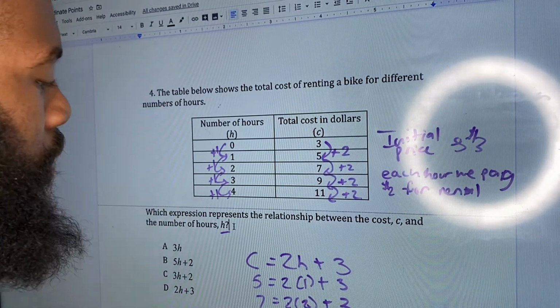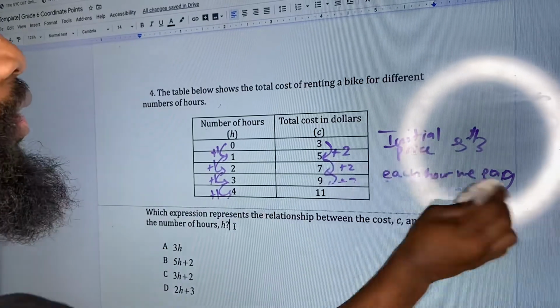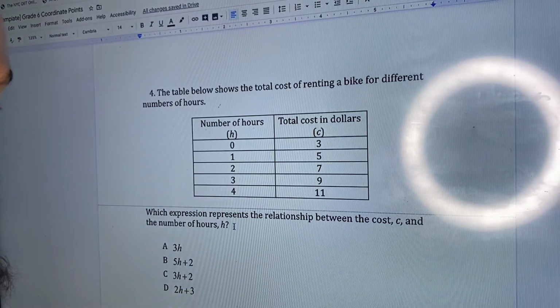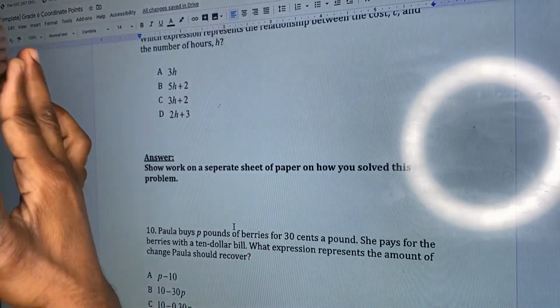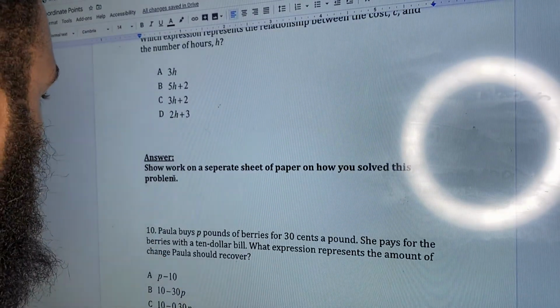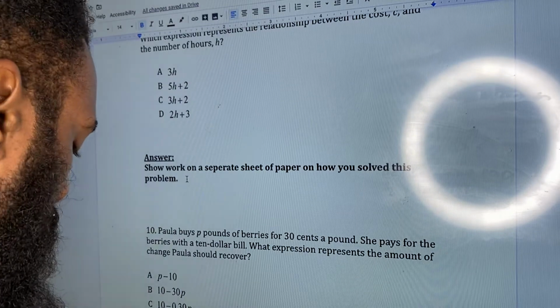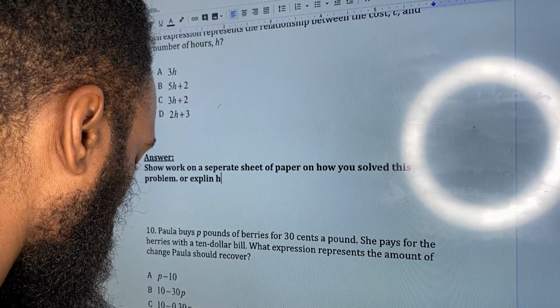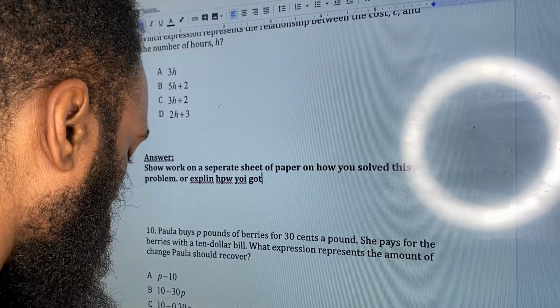I'll leave that here. Now where it says, show your work on a separate sheet of paper, or explain how you got your answer.